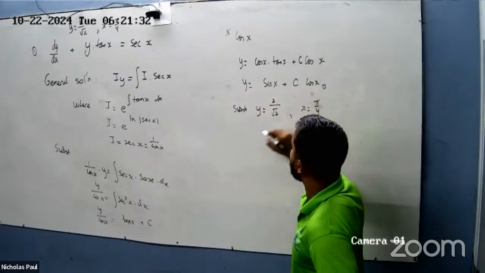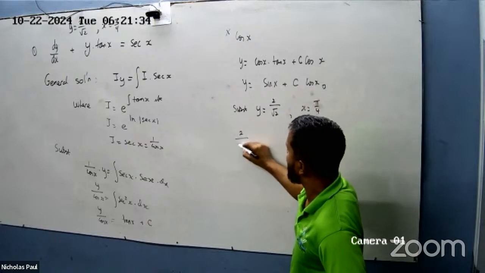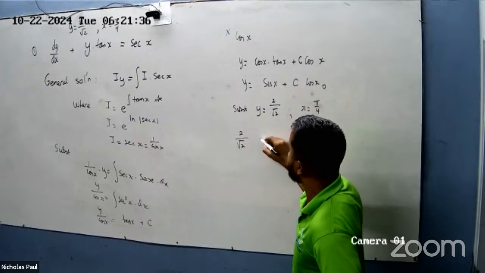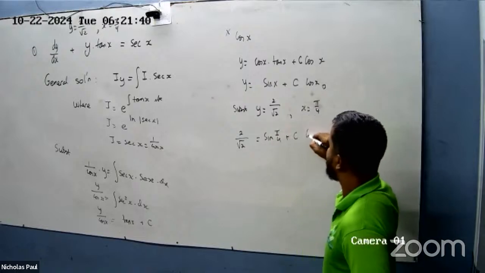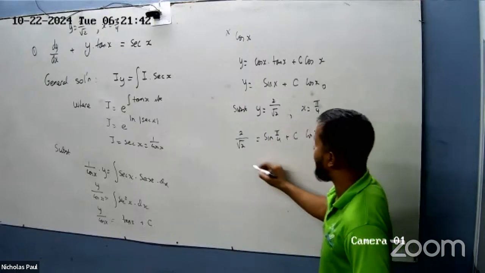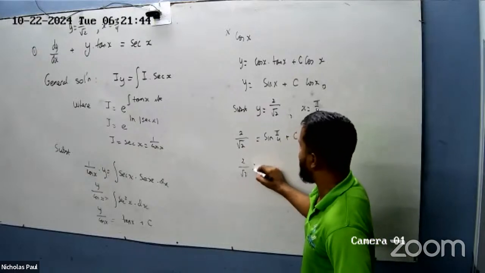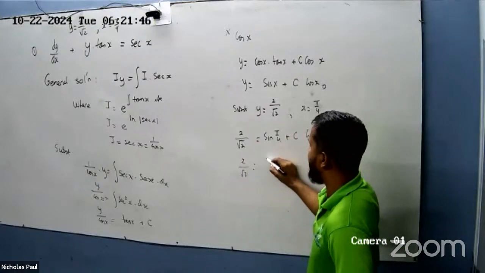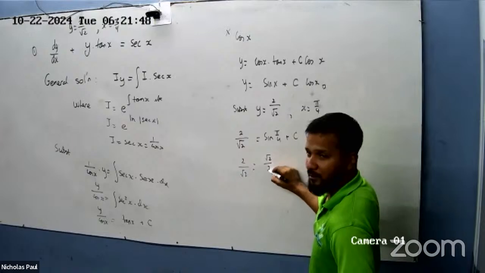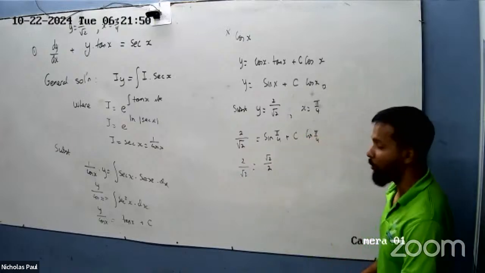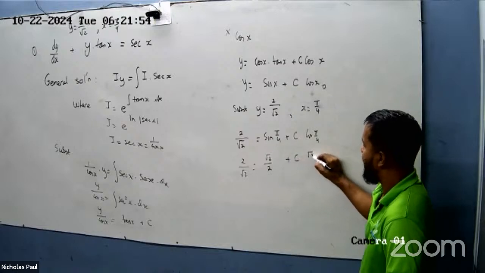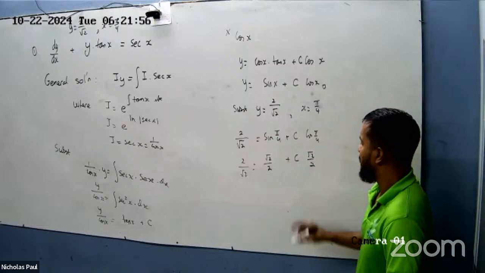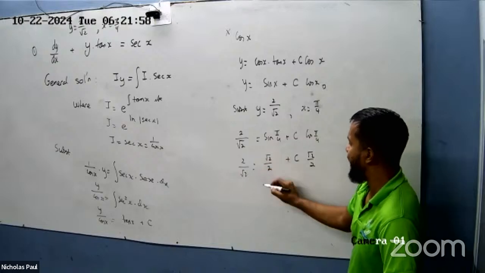Put it in here and you'll get 2 root 2 is equal to sine pi on 4 plus c cos pi on 4. Right? If I'm not mistaken, sine pi on 4 is what? Root 2 on 2, right? Plus c by root 2 on 2. Right? Do your little thing, minus out, and away again.